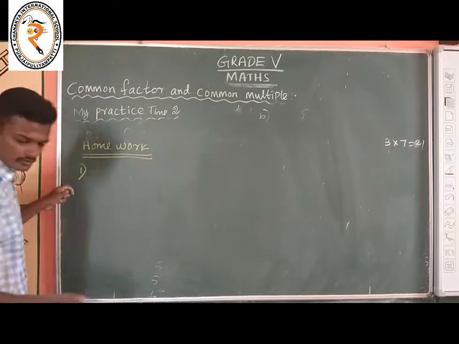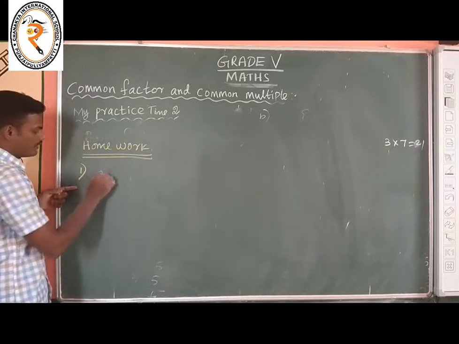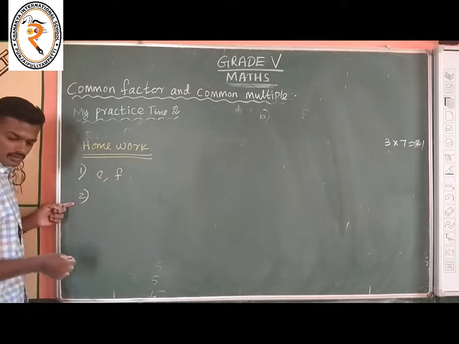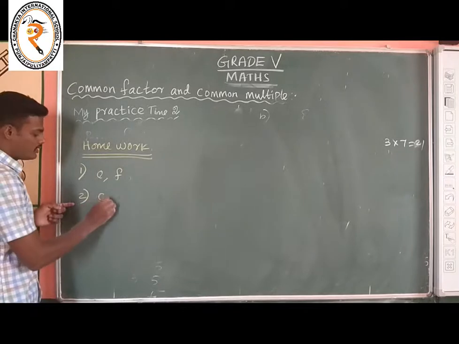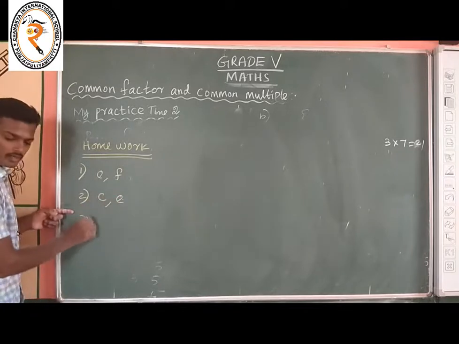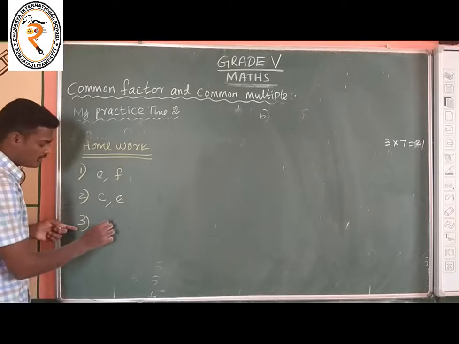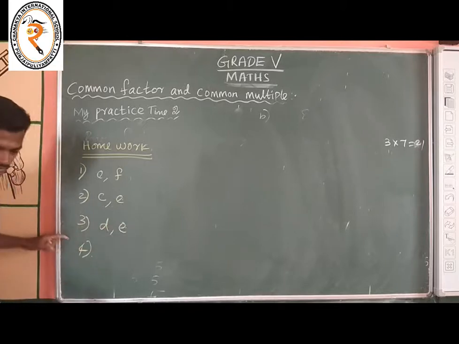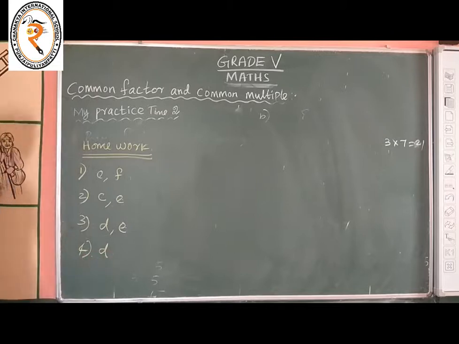First one, E and F. The second one, C and E. Third one, D and E. Fourth one, D. Totally 7 sums. Thank you, students.